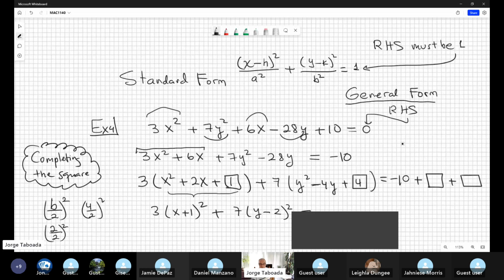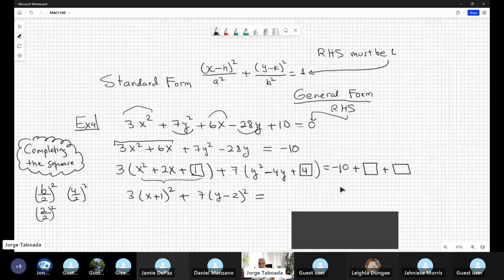Okay, almost finished, because now on the right-hand side you need to write 2 numbers, not necessarily the same, instead of 1 and 4. Remember, this one is multiplied by the extra 3 I factored out at the beginning, so the actual is 3.